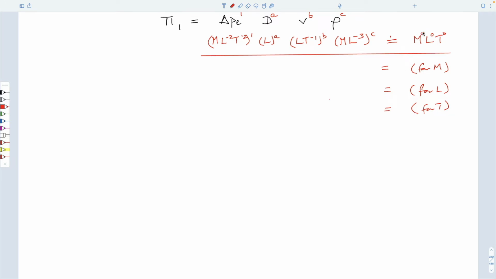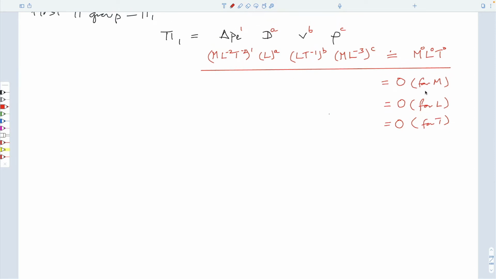We want the right-hand side for mass to equal 0, the right-hand side for length to equal 0, and for time also. And we're just going to document which of these parameters exist for each of these features. So we're going to scour these equations now for values of mass. If we go through here, this is mass to the power 1, no length, no mass, and mass to the power C. All we're doing is summing up the exponents.